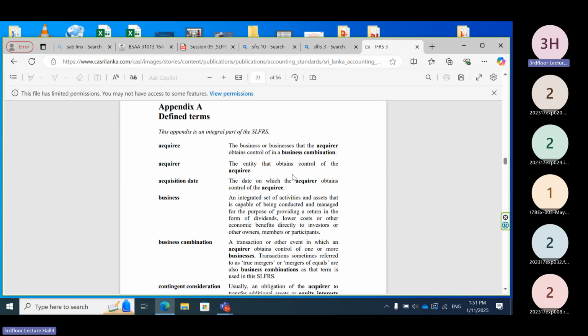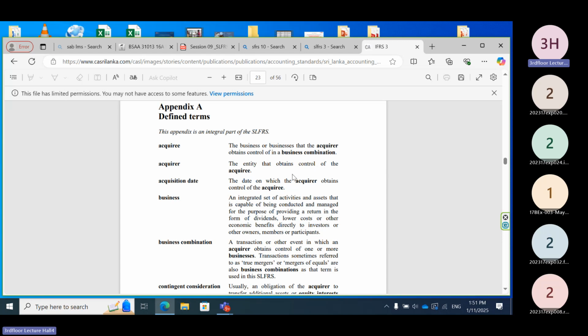We are having two entities, right? If we are having a merger, the entities merge. Once you are acquiring a company, we have two different entities, right? So here we are discussing acquisition of an entity.